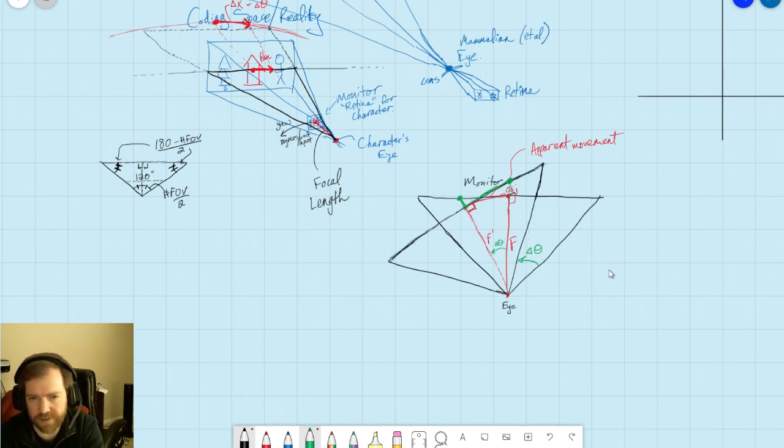The adjacent is going to be our field of view, whatever that's going to be, F or F prime, depending on which one you're doing. And then the apparent movement is what's going to be... tangent delta theta is going to be equal to F over apparent movement.